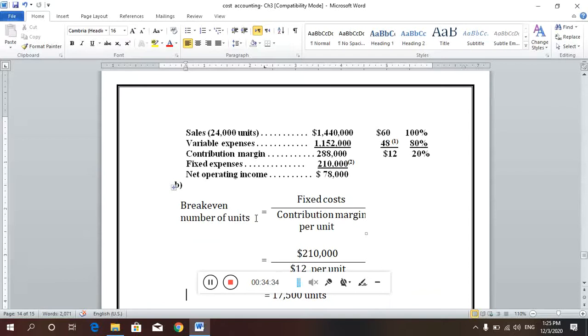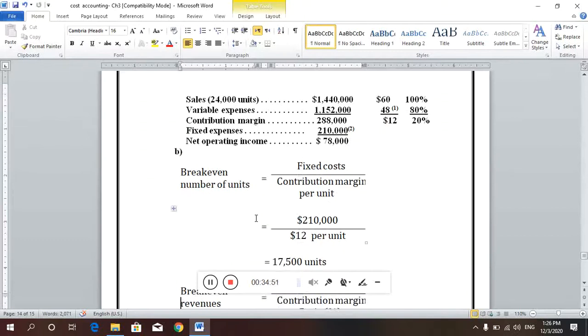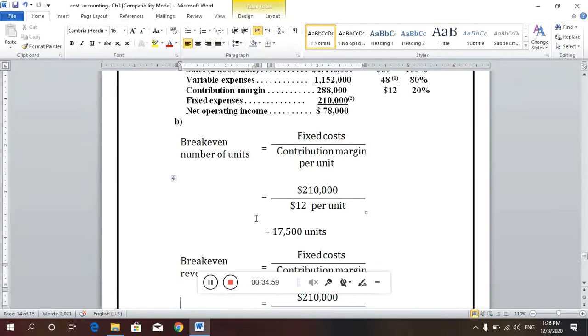Number B: compute the break-even point in units and in dollars. Break-even point in units equals fixed costs divided by contribution margin per unit. Fixed costs here are $210,000 divided by the contribution margin per unit of $12, which equals 17,500 units.